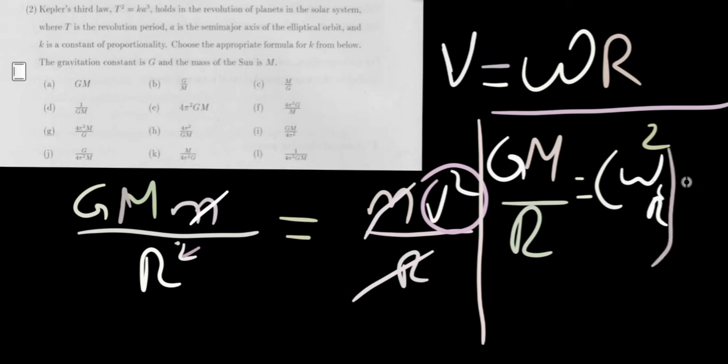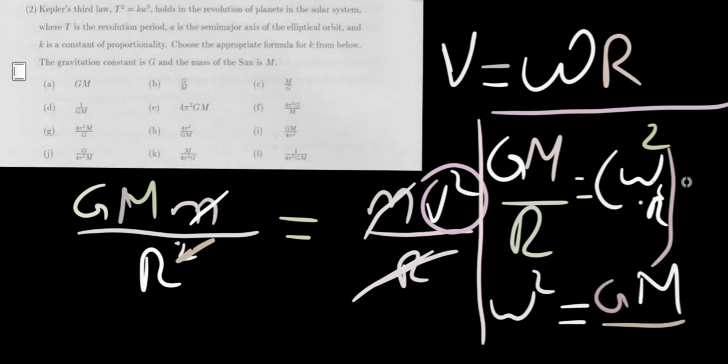Remember this r, we cut it with this part. So w squared, well, this part over here is multiplying, we'll go to the other side dividing. So G big M divided by r cubed.